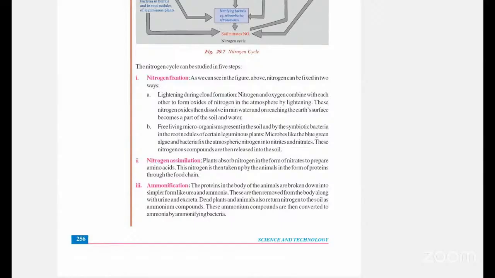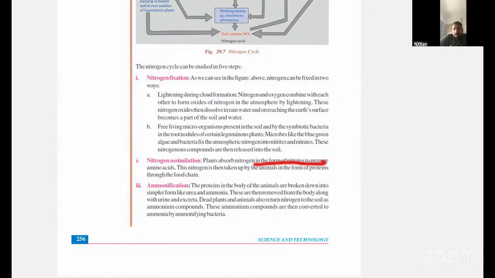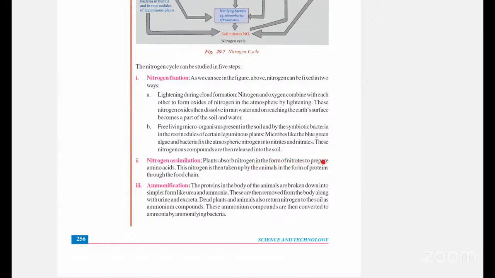Nitrogen assimilation. Plants absorb nitrogen in the form of nitrates, to prepare amino acids. This nitrogen is then taken up by the animals in the form of proteins through the food chain.